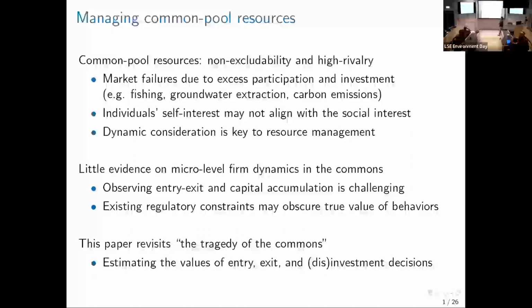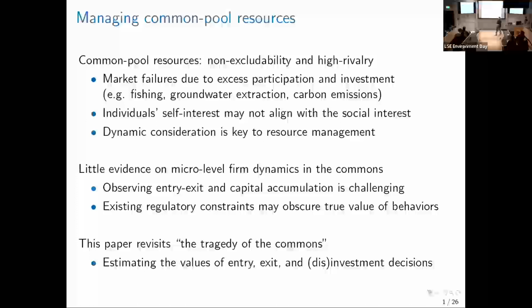Also, dynamic consideration is key to resource management because resource stock growth and its relation to individuals' behaviors are essentially dynamic objects. However, there has been little evidence at the micro level for dynamics in the commons. The main reason is it's difficult to observe entry, exit, and capital accumulation in real-world data, because the non-excludability or open access feature implies everybody can freely enter, exit, and make investments.